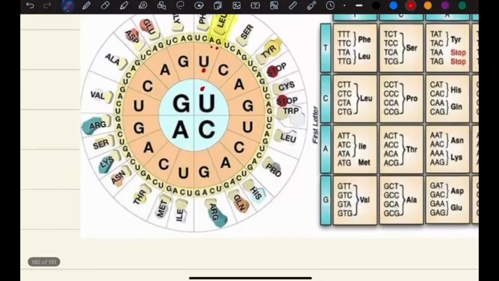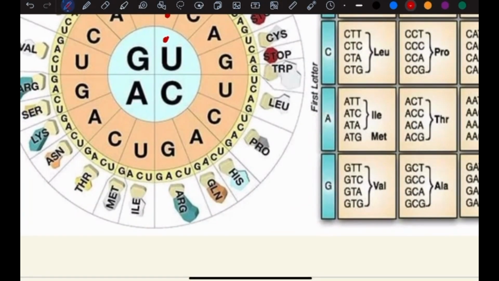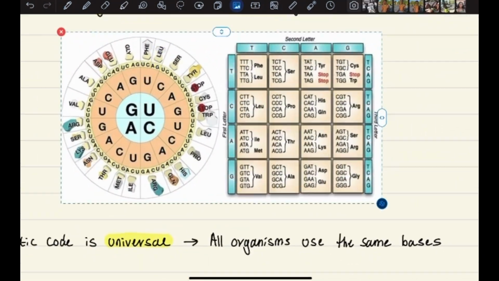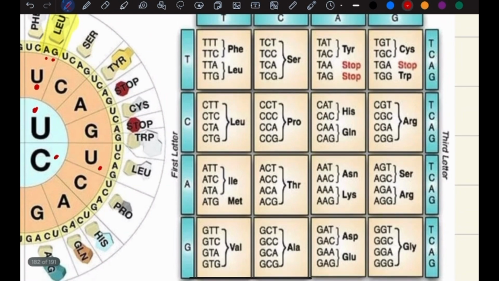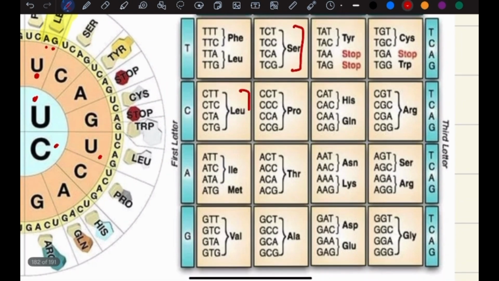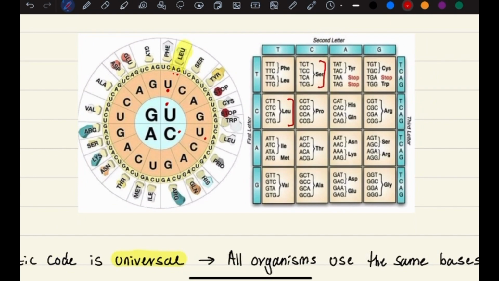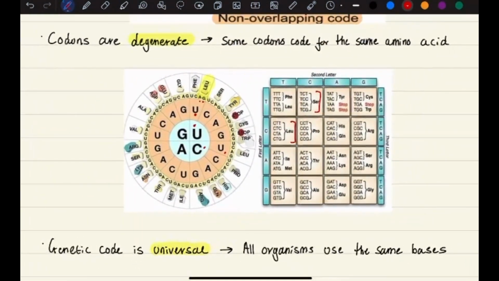Yeah, that's leucine. We can also get leucine by C, U, and then whatever one. Just be aware, some of them will code for the same. It's shown a lot more clearly here, like all of these are serine, for example. All of these are leucine, for example. You just need to be aware that some codons will code for the same amino acid.